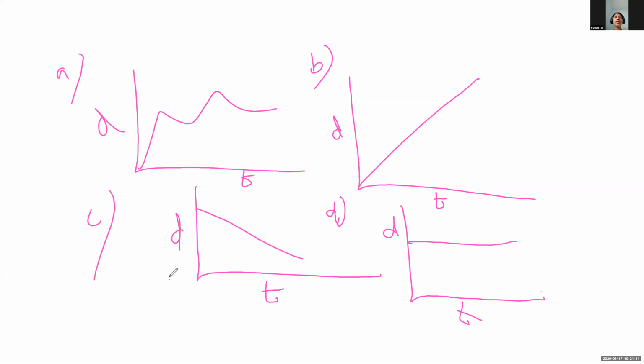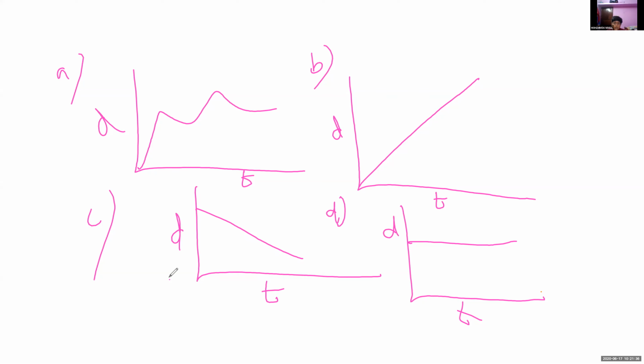B. Okay. Any other answer? Mohammad Nazil? A. I am asking about uniform motion, not non-uniform motion. Uniform motion, which graph? B.